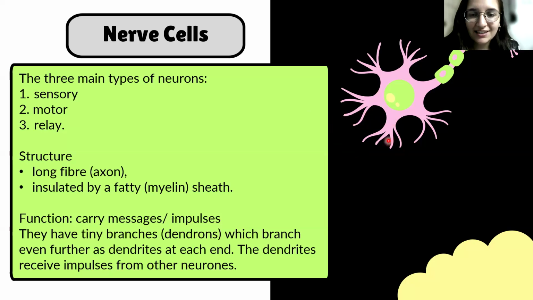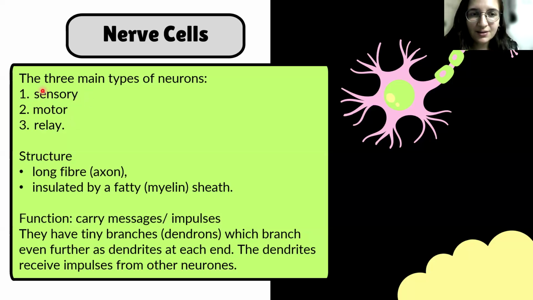You will be able to see these dendrites and this sheath. The three main types of neurons or nerve cells, remember nerve cells are also called neurons, are the sensory neurons, the motor neurons, and the relay neurons. Sensory, this one is just brief, we will study this further again, but sensory is the one that senses.